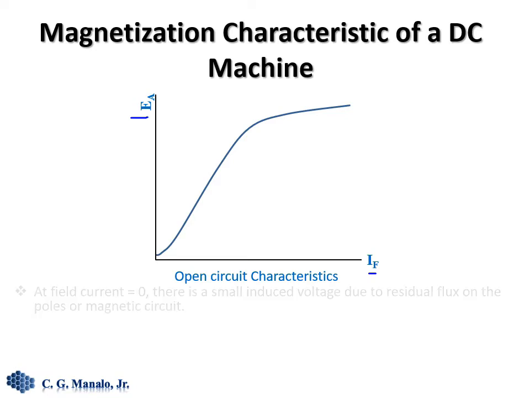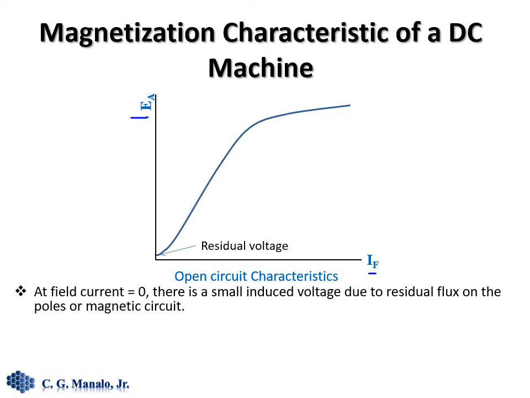This curve has some important characteristics. For example, if the field current is zero, we would probably assume that the flux there is zero, but that's not the case. Normally, there is what we call a residual flux in the machine, such that even if I sub F is zero, we get a small voltage called the residual voltage.